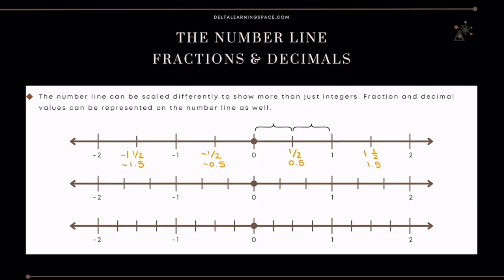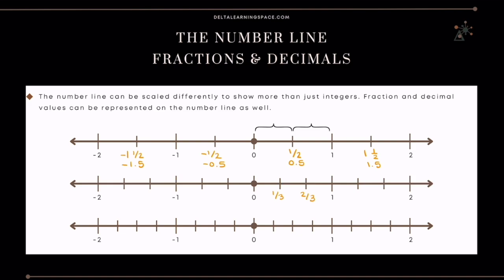I can use the same method to determine the scale. I have 1, 2, 3 spaces in between 0 and 1. And that means that my scale will be in thirds, and every tick mark should be 1/3 apart. And so I can write 1/3 here and 2/3 here.